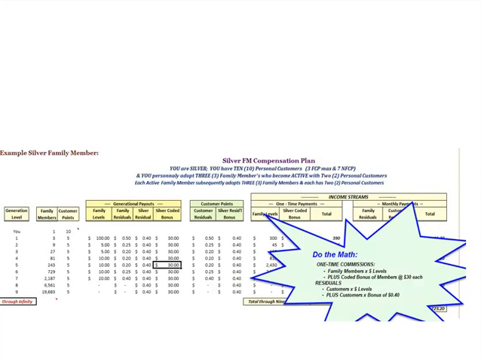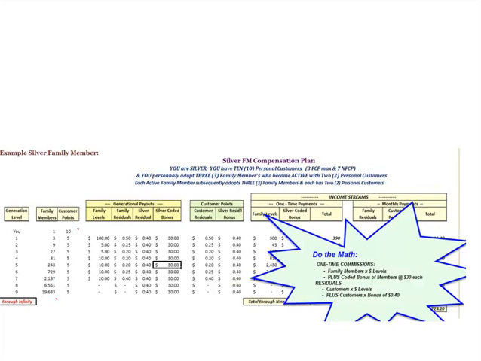Now, if you total up the number of family members through 9 generations, that's approximately 30,000. So do the math. It's $30 times 30,000 people. Additionally, you receive an extra 40-cent bonus for every individual in your organization, and that would apply to the same 30,000 people.